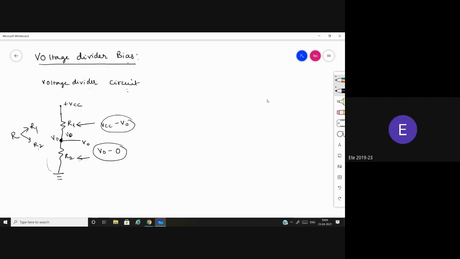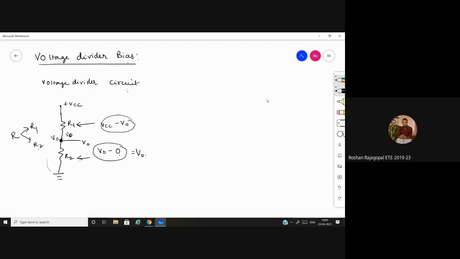Even though they are parallel, in this case we are connecting plus VCC here. So the voltage across R2 will be V naught minus 0, that is, V naught. So then they won't be series nor parallel also.